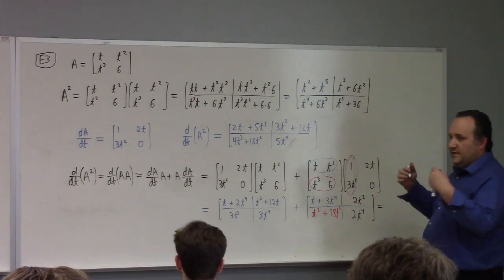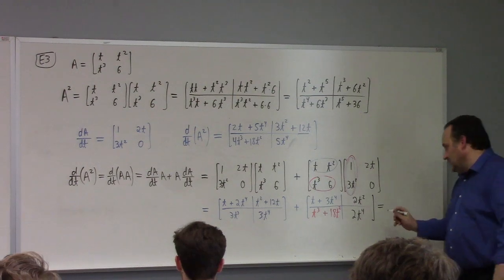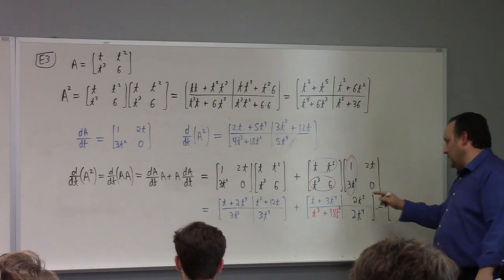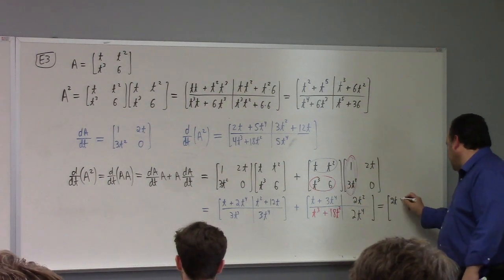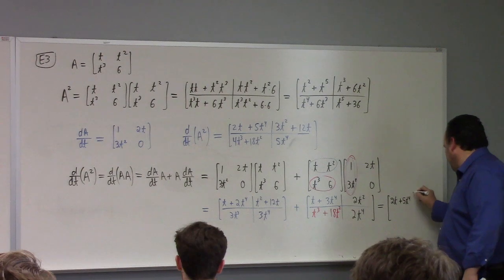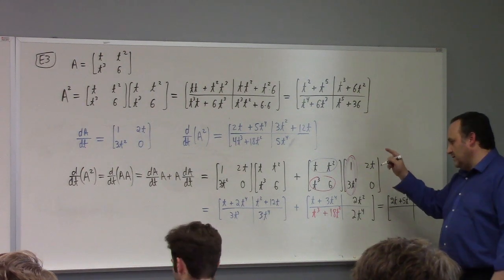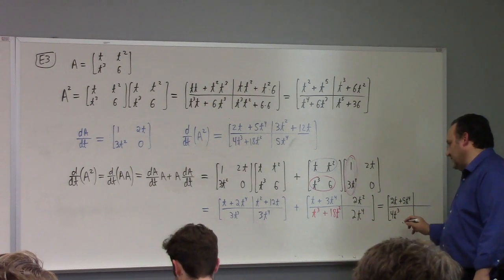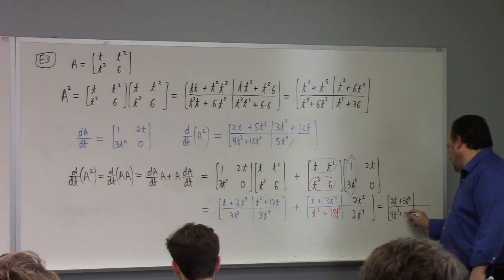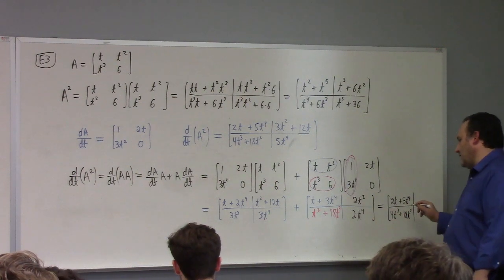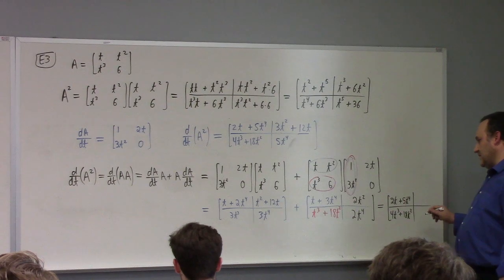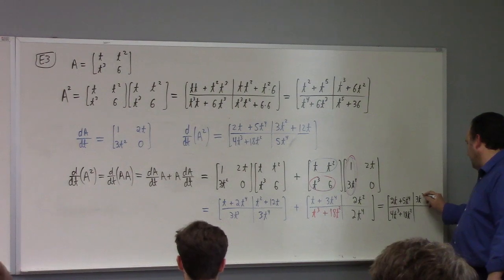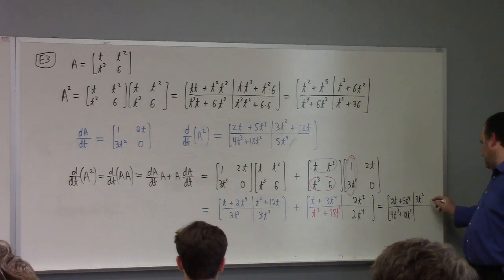How do we add matrices? We add matching components. So I've got 2t, 2t, 5 plus 5t to the 4th, and 3t, 4t cubed, plus 18t squared, and I've got 3t squared up here, plus 12t.